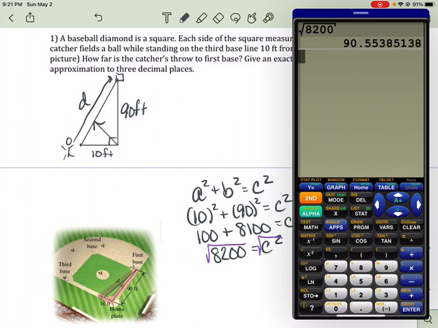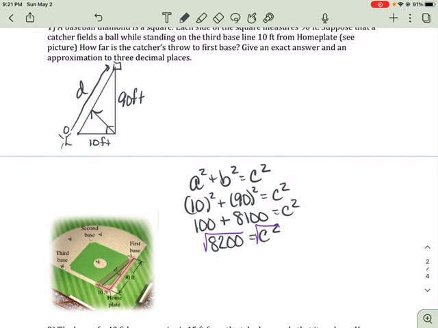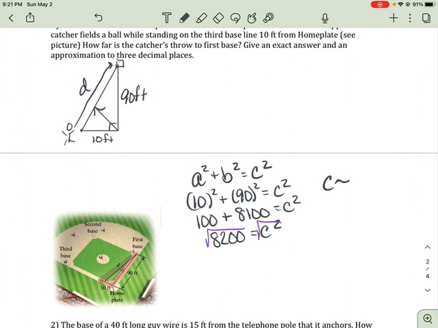This is going to give us our approximate solution, so 90.55 feet. So c is approximately 90.554 feet. Forgot my last decimal.